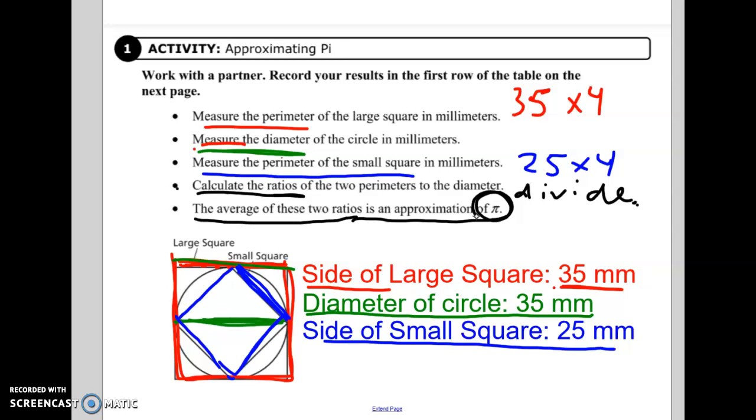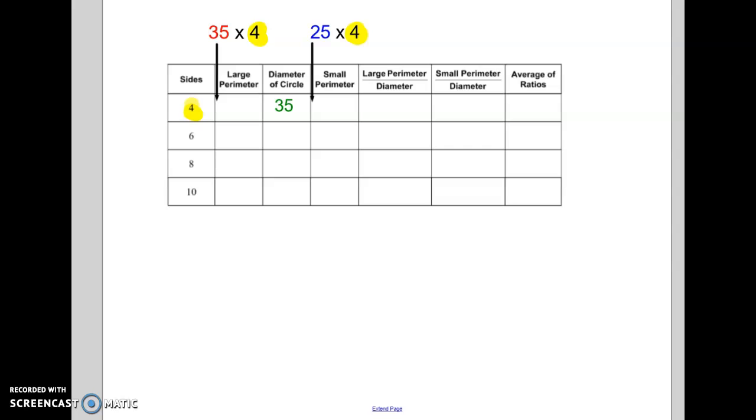So I want to go to the table next. Now, knowing that I'm giving you the measurements of the side of the large square, the diameter of the circle, and the side of the small square, let's go to the table that you'll see next. Everything I'm showing you right now is just for the square because it's 4 sides.